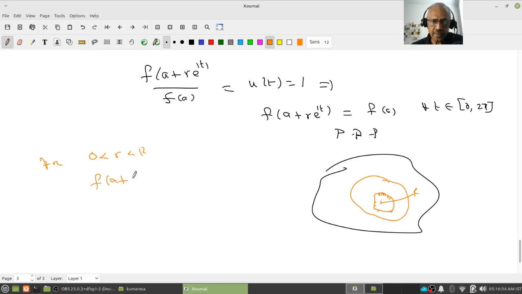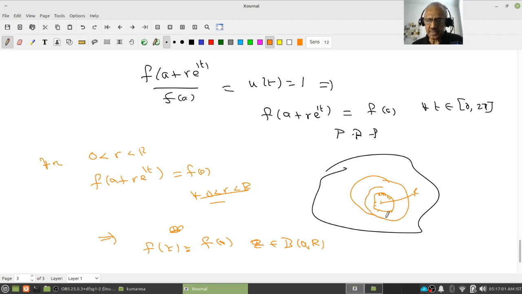Therefore f of a plus r e power i t equals f of a for all 0 less than r less than capital R. When r equals 0, it is f of a. Therefore this implies f of z equals f of a for z in the disk B(a, R). You follow that? Given any z, I can always find such r and t.